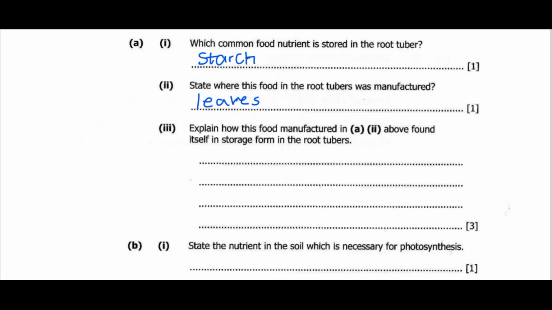Then before glucose is transported to other parts of the plant, it has to be converted into starch. Why? Because glucose is very reactive. It may interfere with other metabolic processes.